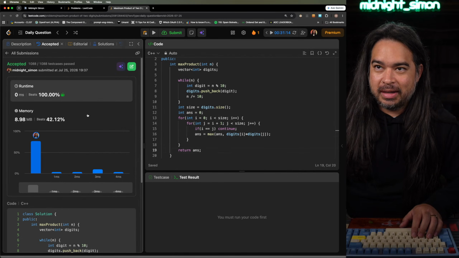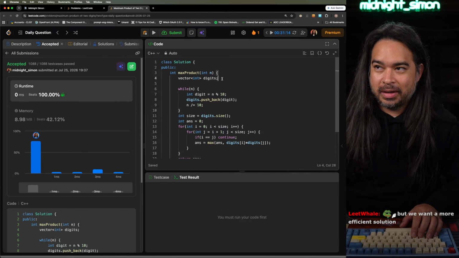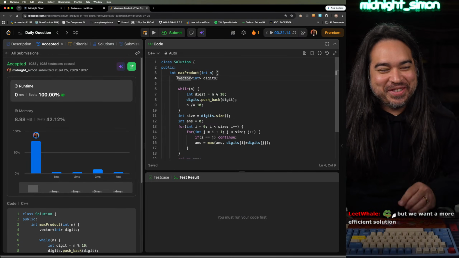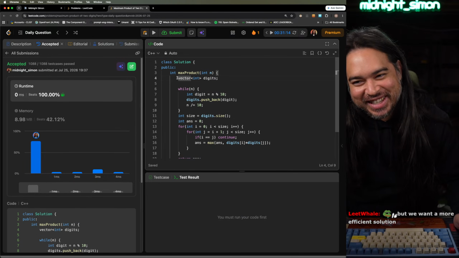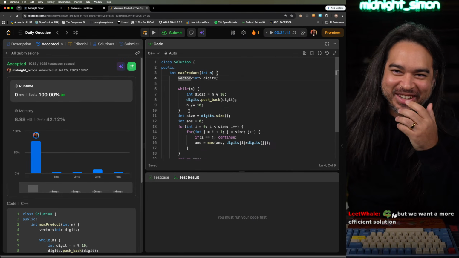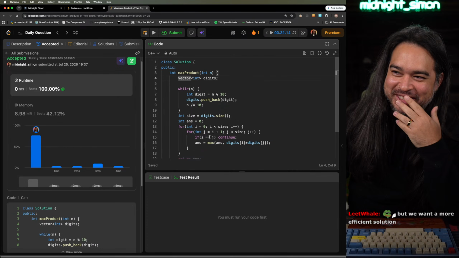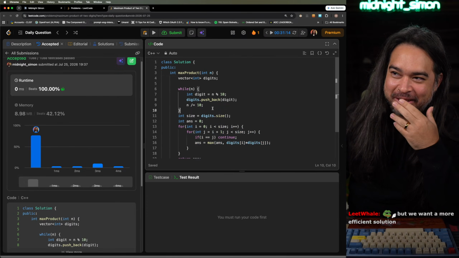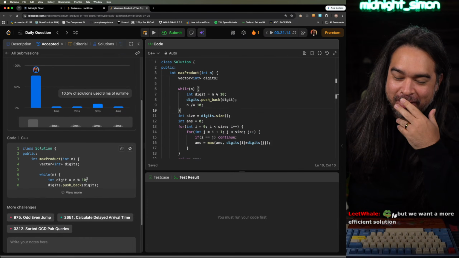Easy daily problem. I was also thinking of using, we want a more efficient solution? Come on, man. Alright. Let's try and make it more efficient instead of this thing.